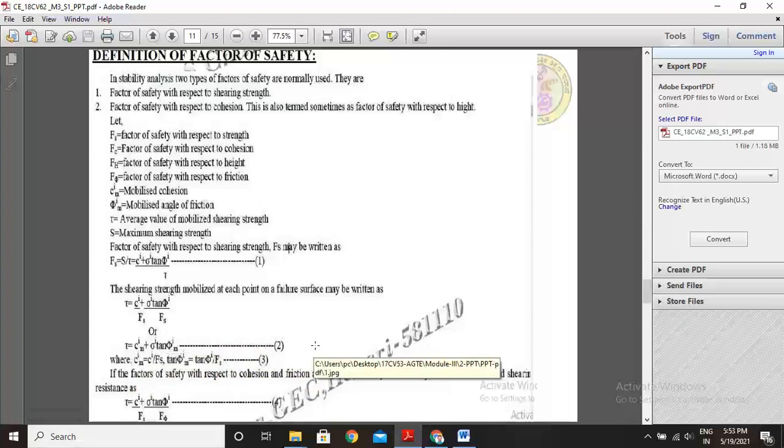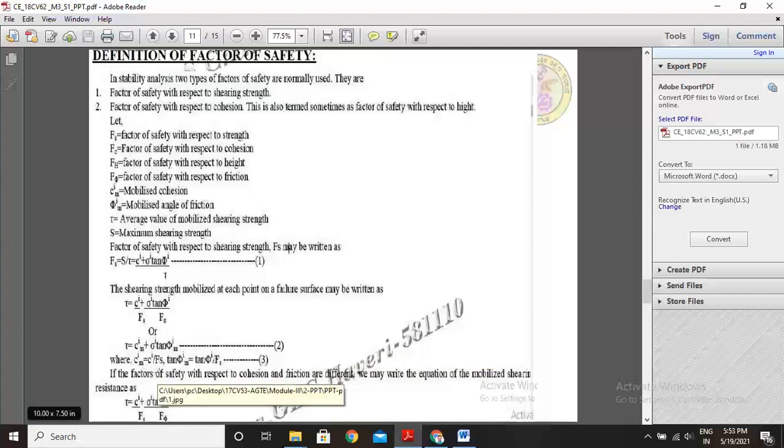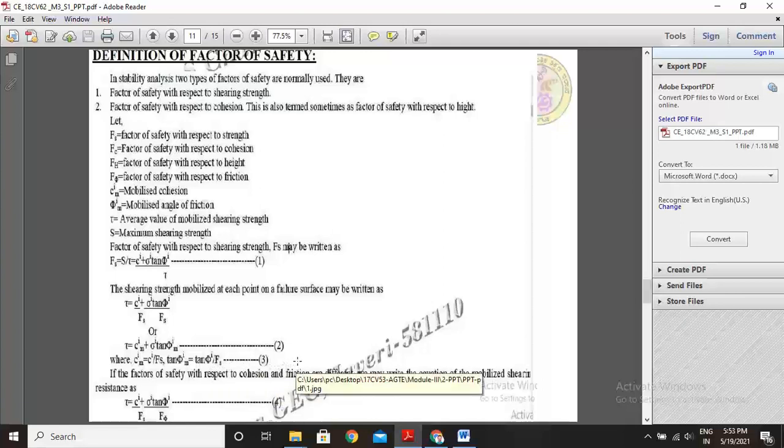This is equation number 2, where cm dash is equal to c dash by Fs and tan phi m dash is equal to tan phi dash by Fs. This is equation number 3. Remember these equations. These are the most important equations while solving problems.